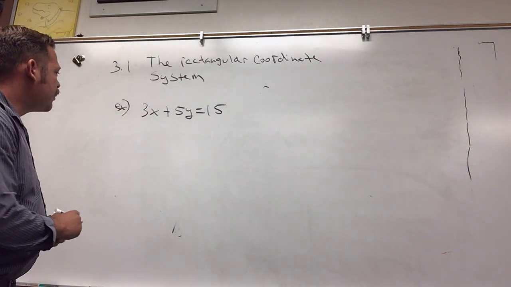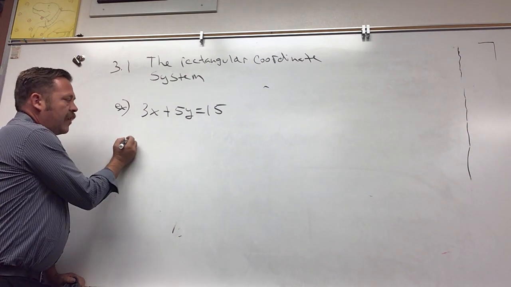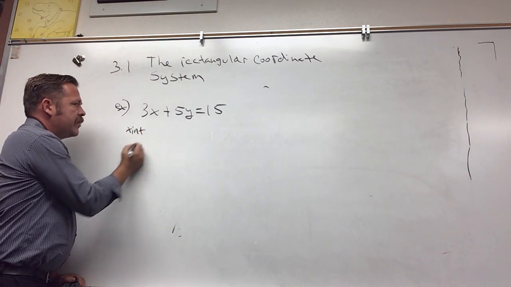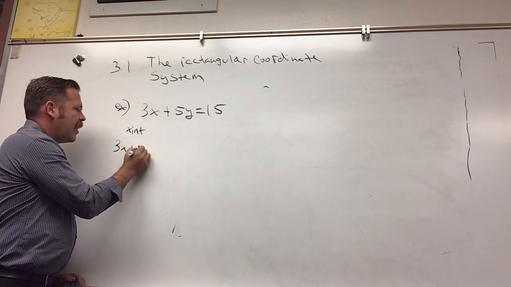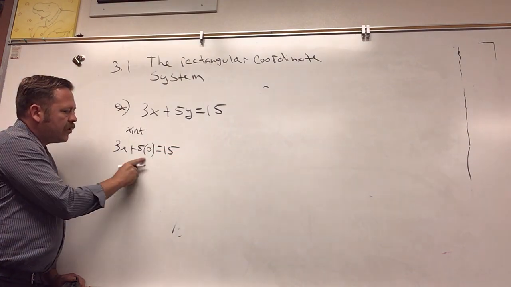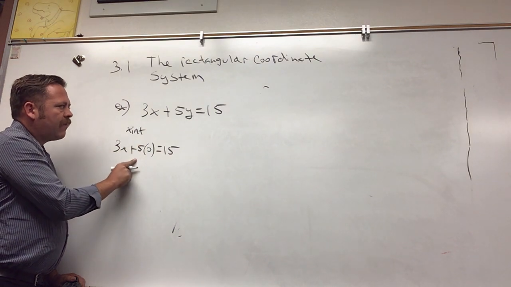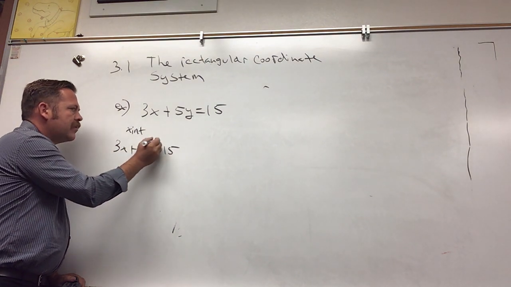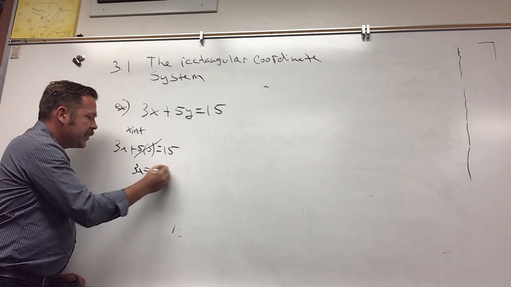Okay, so let's find the x-intercept by replacing y with 0. So if I did that, it would be 3x + 5 times 0 = 15. The reason that standard form is so handy is because when I replace y with 0, this y term is just going to go away, and 3x will equal 15.